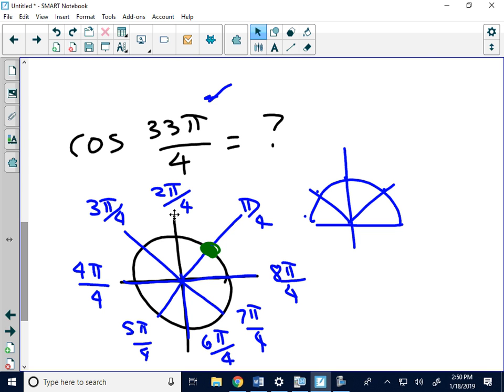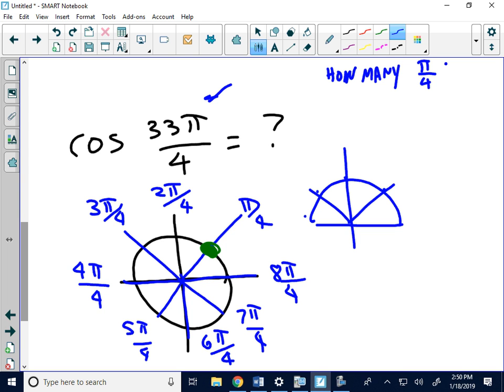Let me ask this question. How many pi by 4s are there in one rotation?